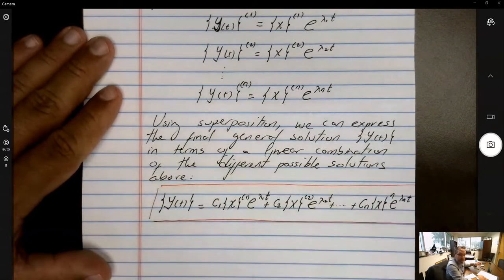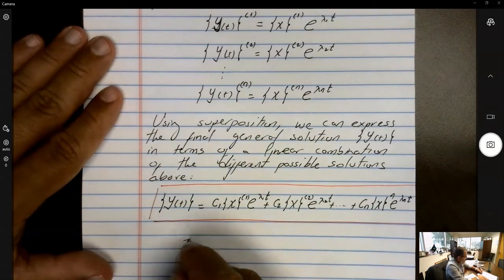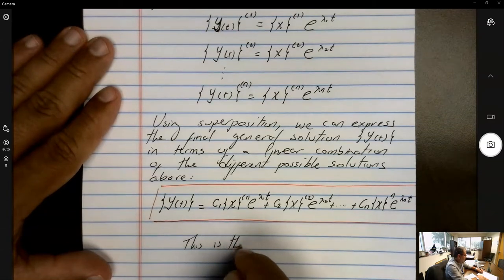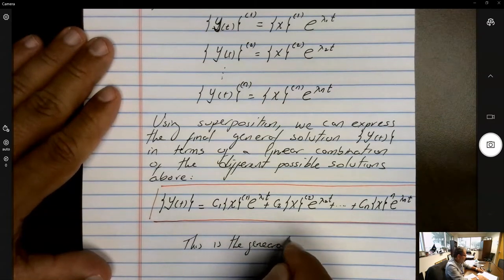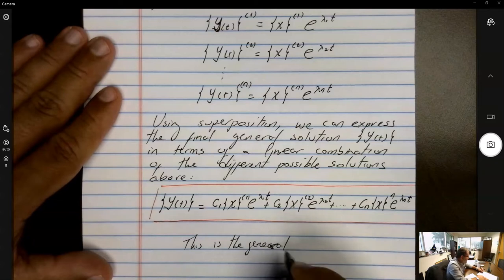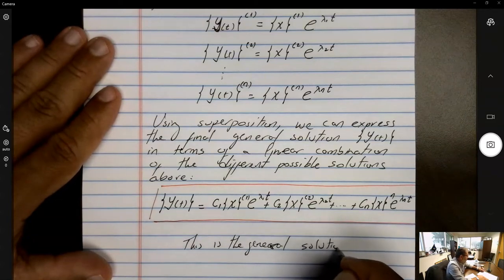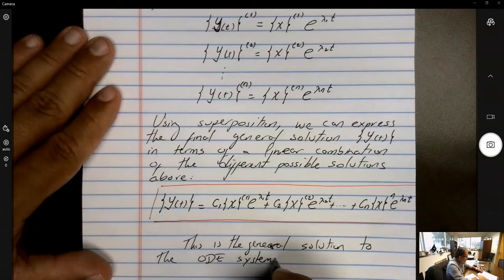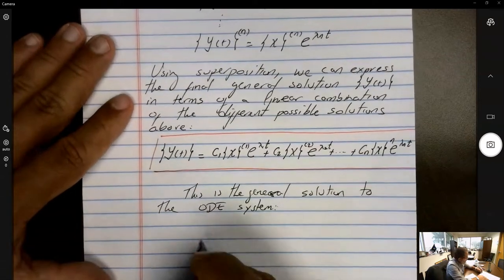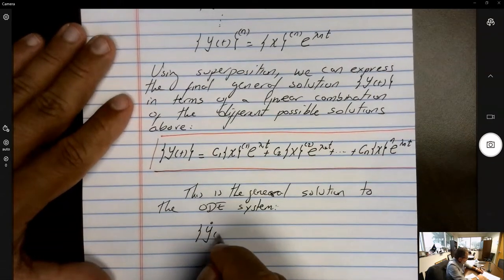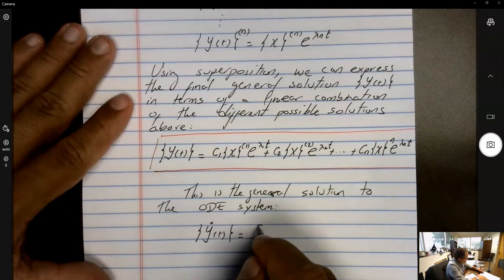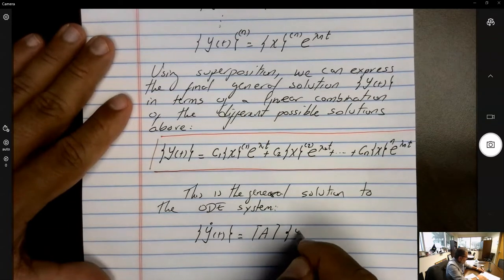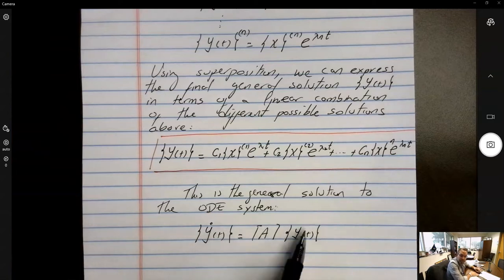This is the general solution to the ODE system y dot of t is equal to A y of t. Remember, this has to be linear, as it shows.